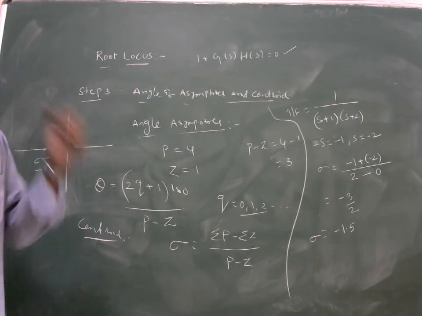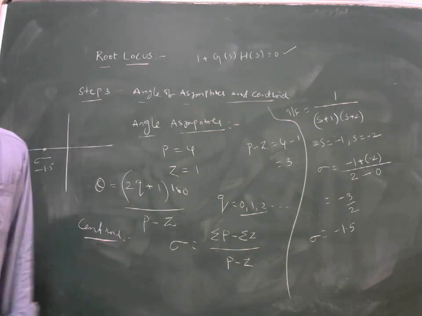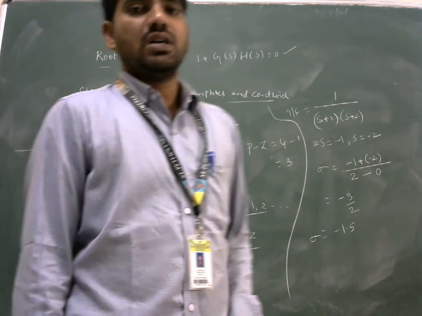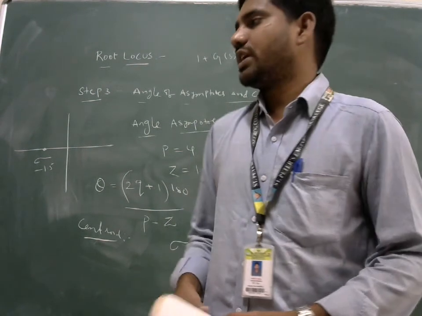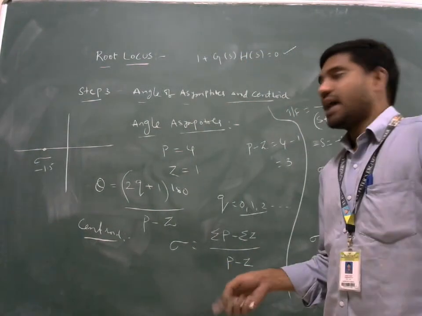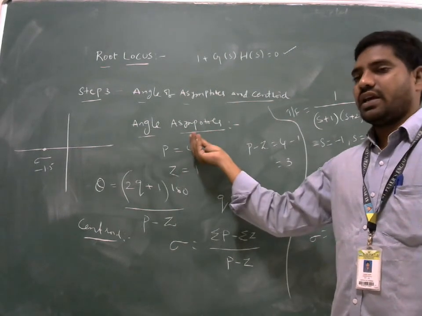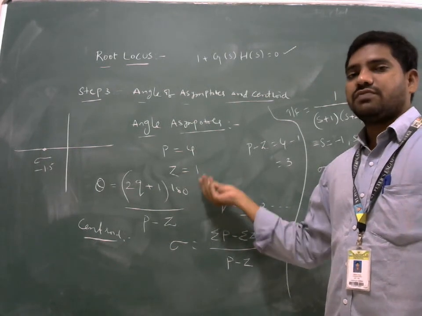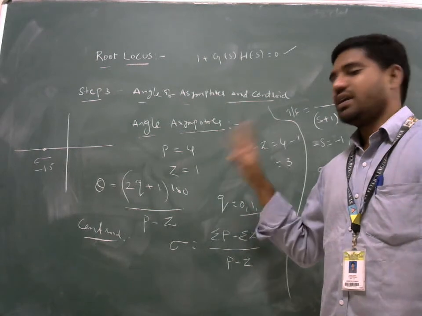The third point is the angle of asymptotes and centroid. The angle of asymptotes is the angle at which the roots move from one place to another. For example, if you have 4 poles and 1 zero, how many asymptotes will there be? 3 asymptotes.